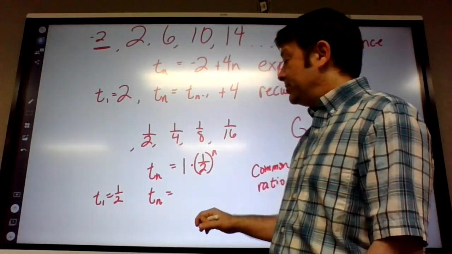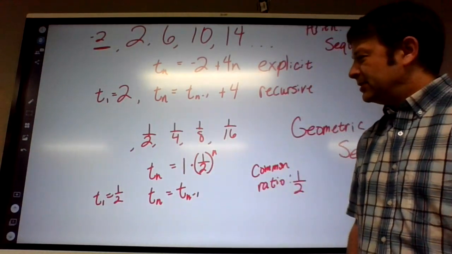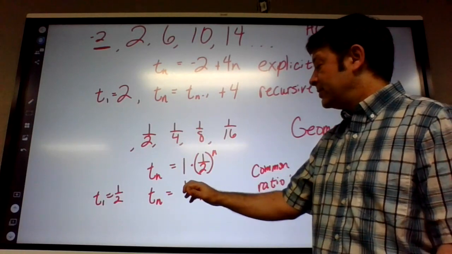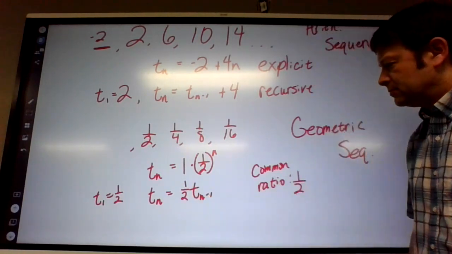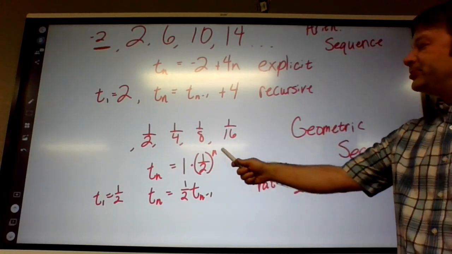And then how do we get the new term? We use the previous term times 1/2. I guess we put the 1/2 in front usually. All right, so explicit, recursive.